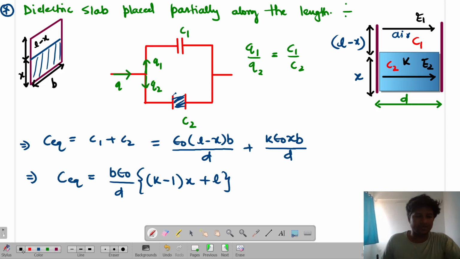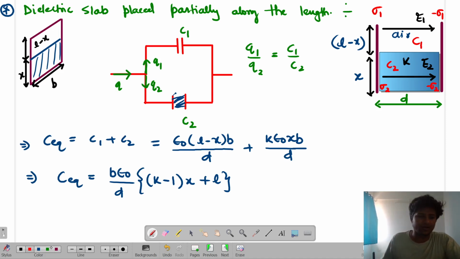Now the next important thing to notice in this kind of connection: let's suppose this is sigma 1, then this will be minus sigma 1, isn't it? And here if it is sigma 2, then this will be minus sigma 2.